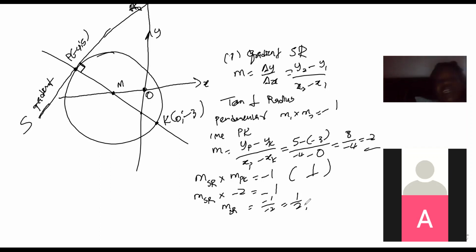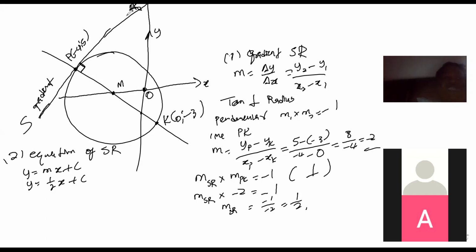Then the next question, after you got the gradient, they were saying, find the equation of SR. Okay, once you've got the gradient, then you can find the equation. So the equation of the line is y equals mx plus c. And the m, we just found it now, is 1 over 2, so y = 1/2 x plus c. And SR passes through point P, which is (-4, 5).